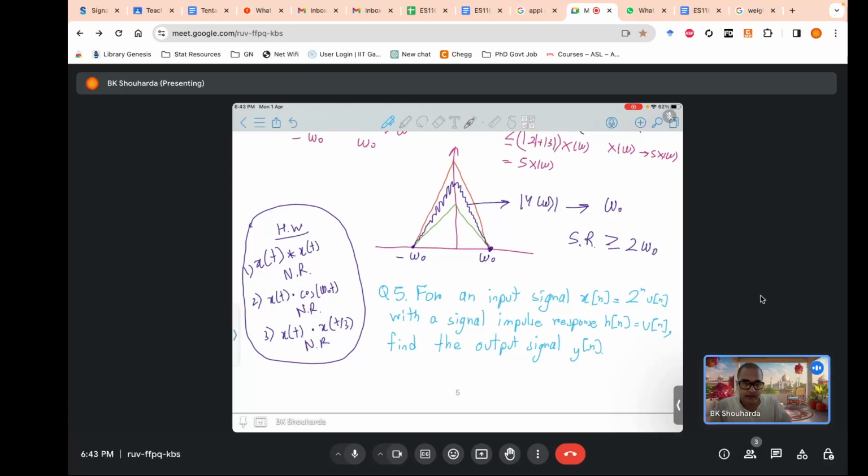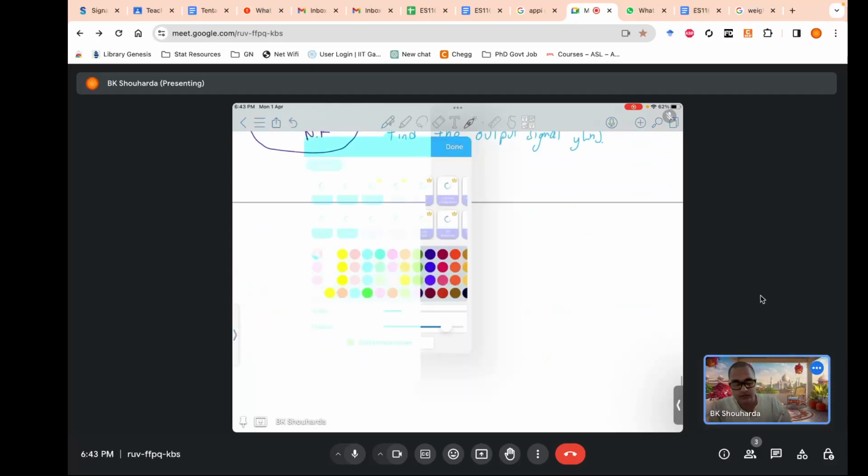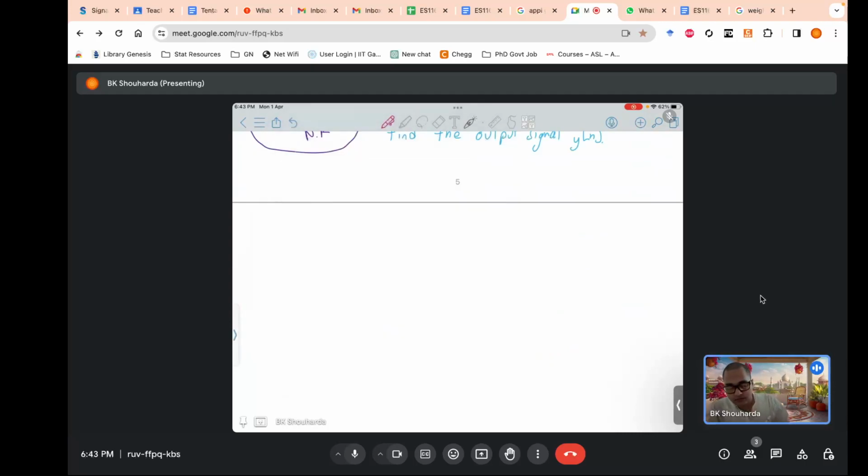This is a question of discrete time convolution, and we shall solve it from first principles. So y of n is x of n convolved with h of n.